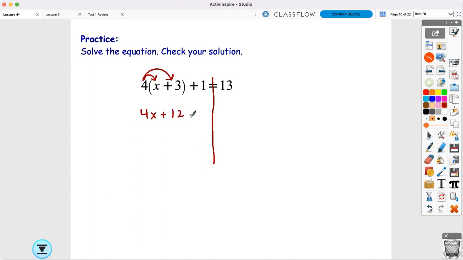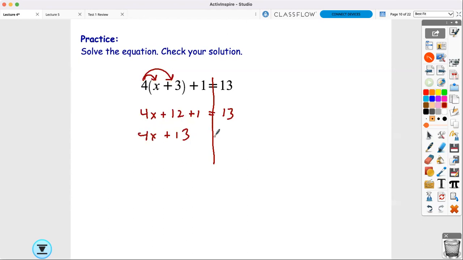Now what did you do with the rest? And then you bring down the +1 and the 13. Okay, what's next? And then your like terms, combine them. Which ones are like? 12 plus 1, which is 13.